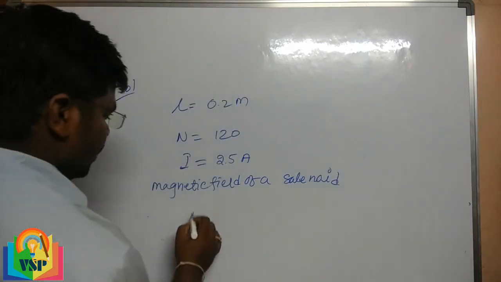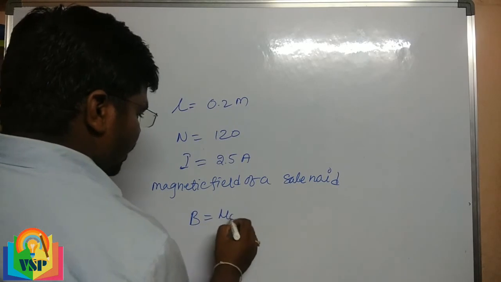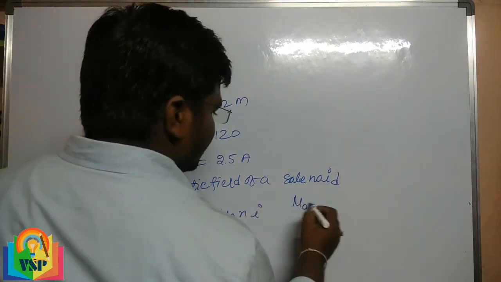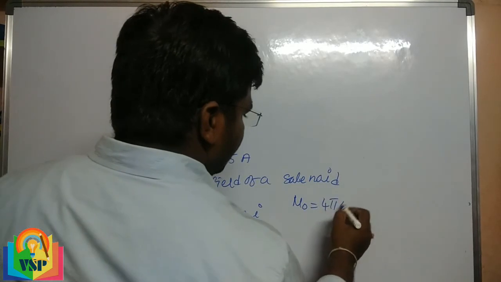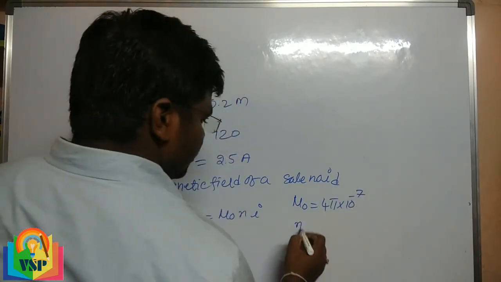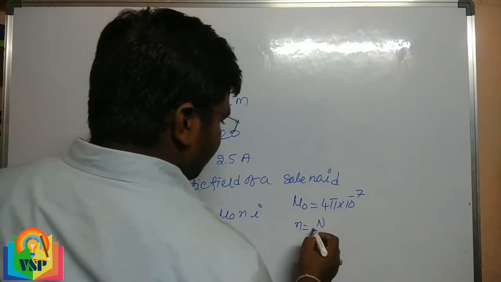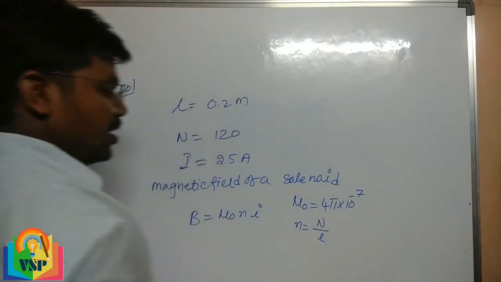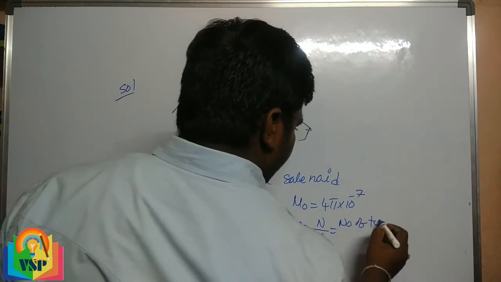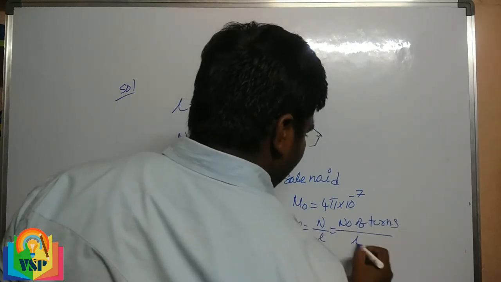We know that B is equal to mu naught n I, where mu naught is a constant, 4 pi into 10 power minus 7. Small n is equal to capital N by L, number of turns per length.